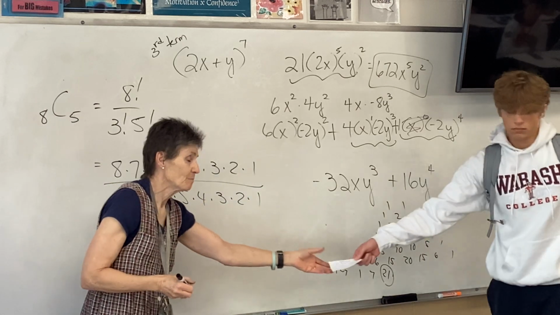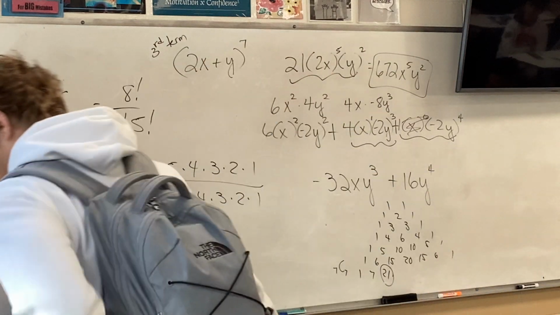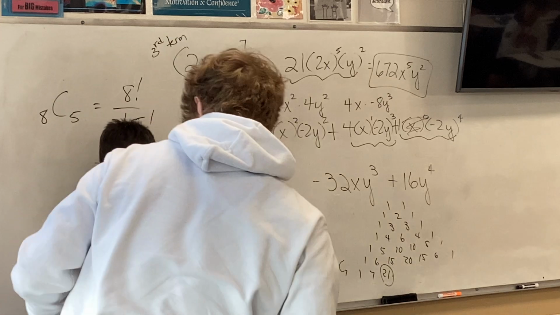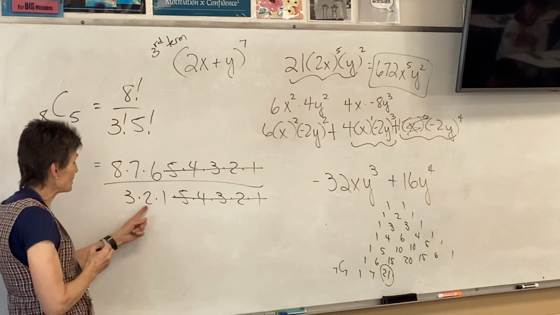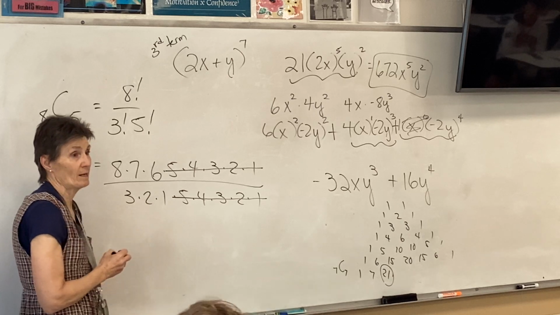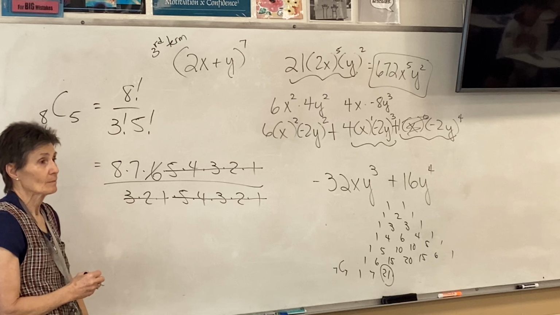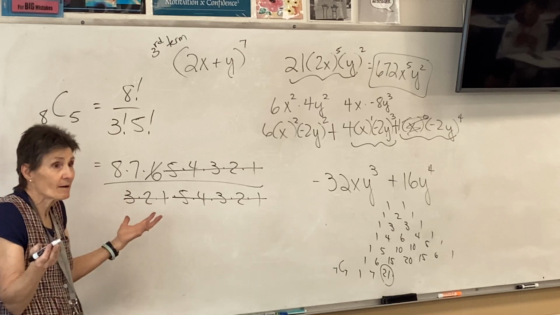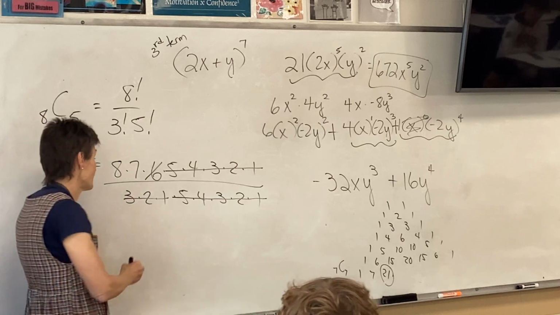A whole bunch of stuff is going to cancel. So this is going to cancel, and that's going to cancel. Now, what's 3, 2, 1? 3 times 2 times 1. So that will cancel with that. And the only thing that's left is 8 times 7, which is 56.